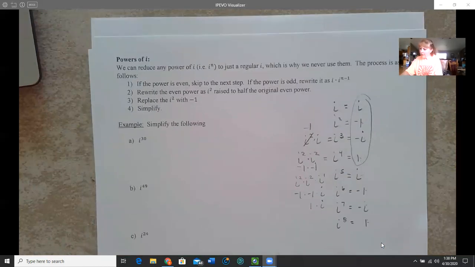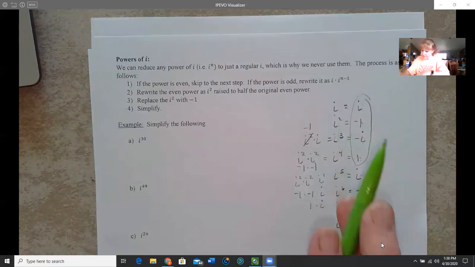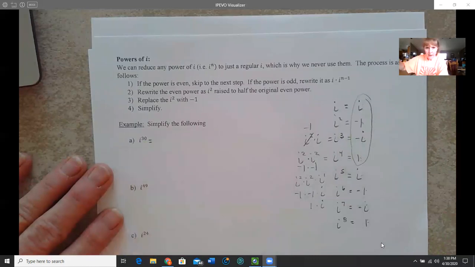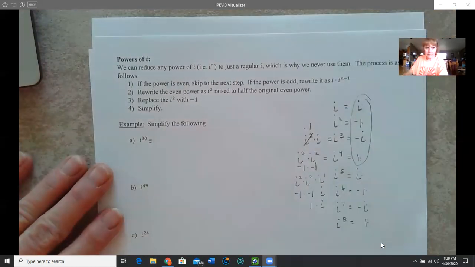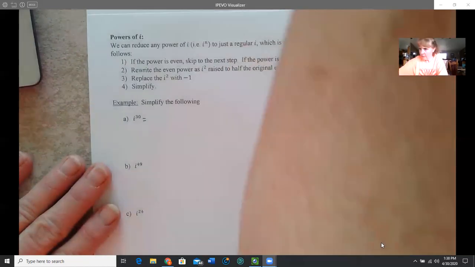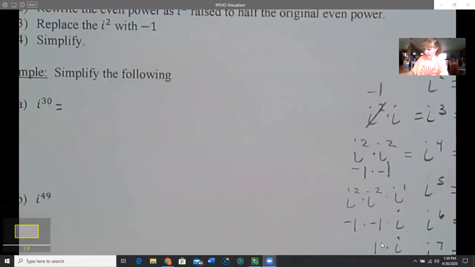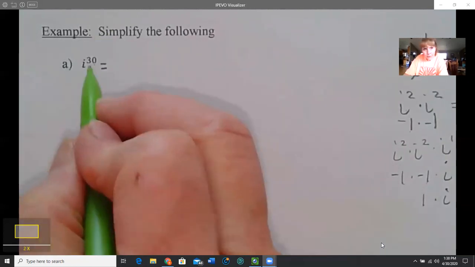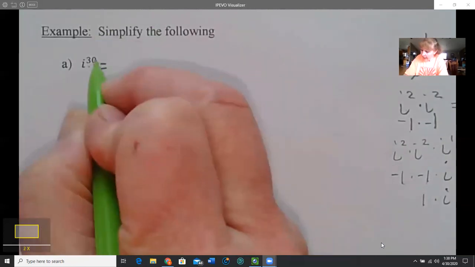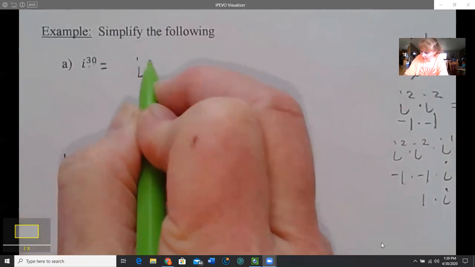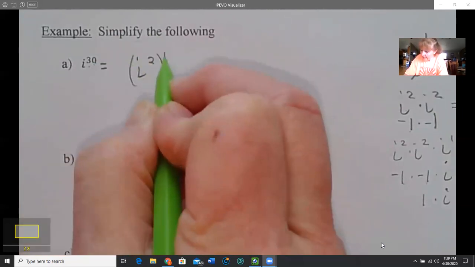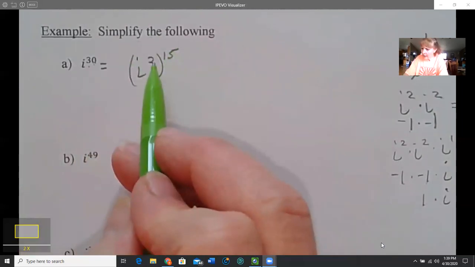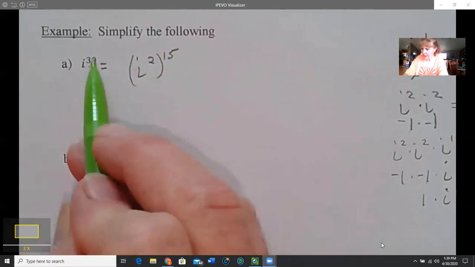Let's work with our i squared. i to the 30th can be written, divide that by 2, and I get 15. In other words, I want to know how many i squareds there are in here.